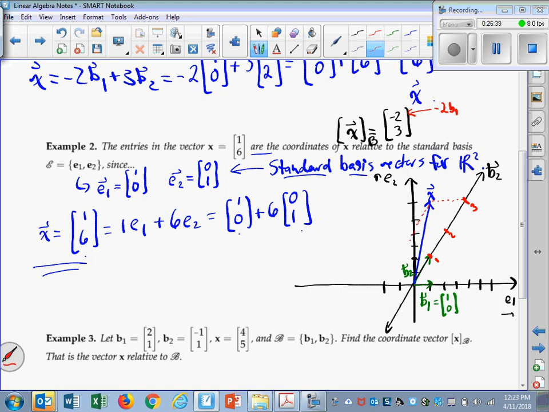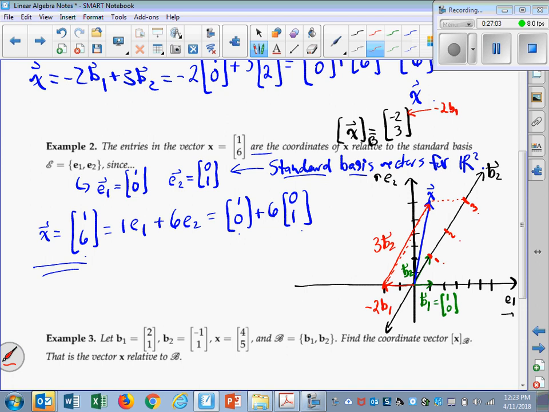So we have negative 2 b1, and then this vector right here is 3 b2s. We can see that on our scale here, 3 total b2s. So the vector sum between those two gives us the vector x.